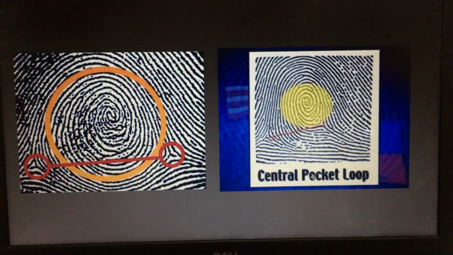Place a pencil or ridge counter exactly on the left delta and trace the lower branch of the delta over toward the right delta. If the ridge being traced ends abruptly, drop to the next lower ridge and continue the trace on it. Should the traced ridge bifurcate, follow the lower branch or fork of the bifurcation. Meaning to say, here is the delta, and the other one is here.